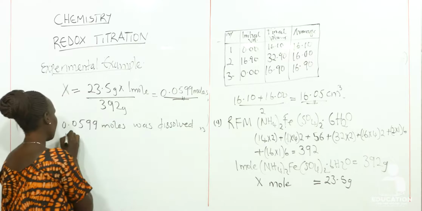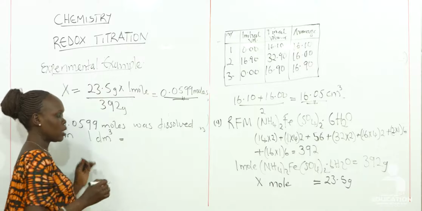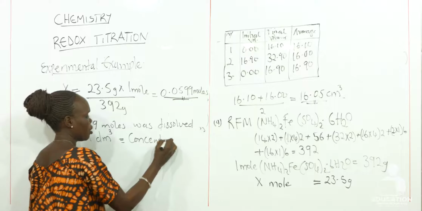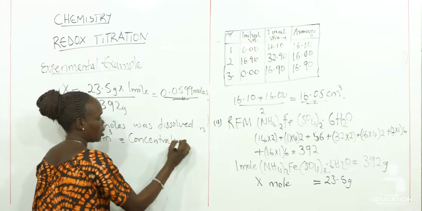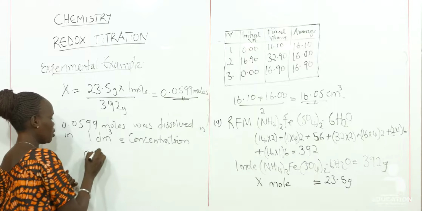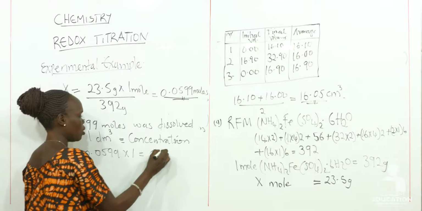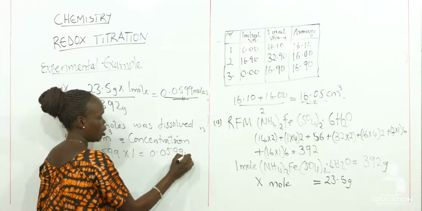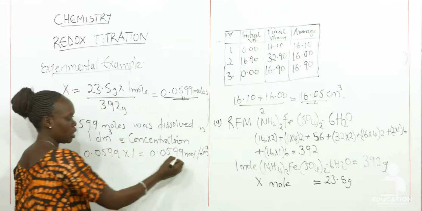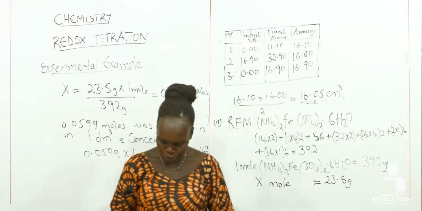Therefore the concentration will be 0.0599 multiplied by 1, which is 0.0599 moles per decimeter cube, or we can change the unit into capital M, which is molarity.